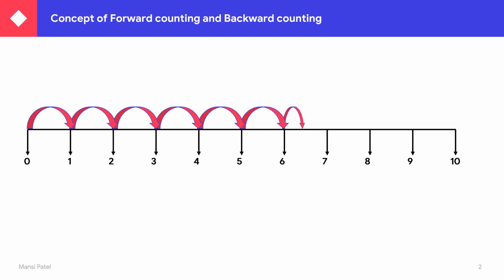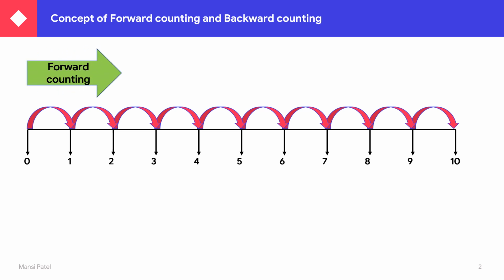Then 5 to 6, 6 to 7, 7 to 8, 8 to 9, 9 to 10. As we move from 0 to 10, the value of all numbers is increased. So this is known as forward counting. In forward counting, the value of any number is increased from the previous number.